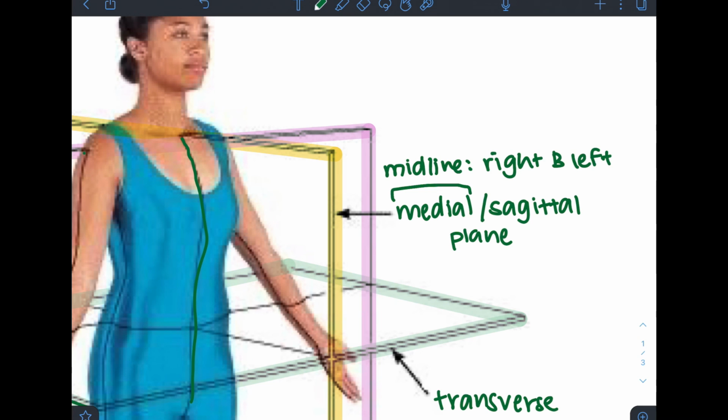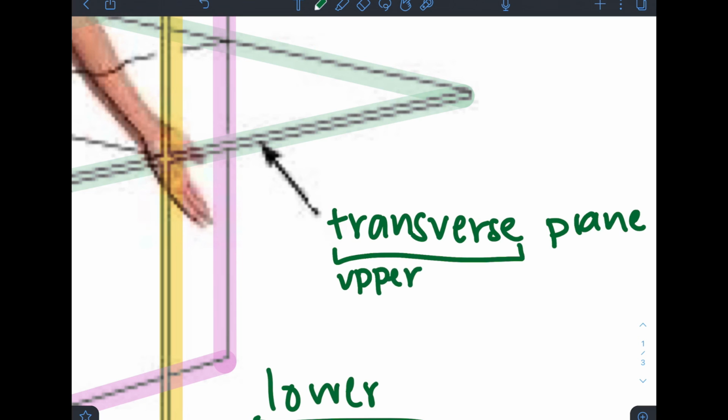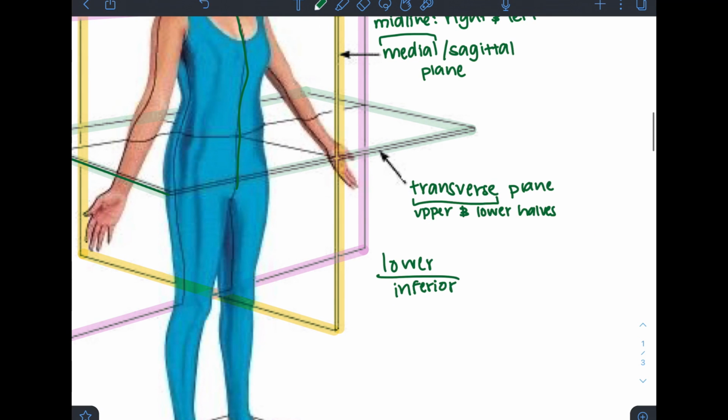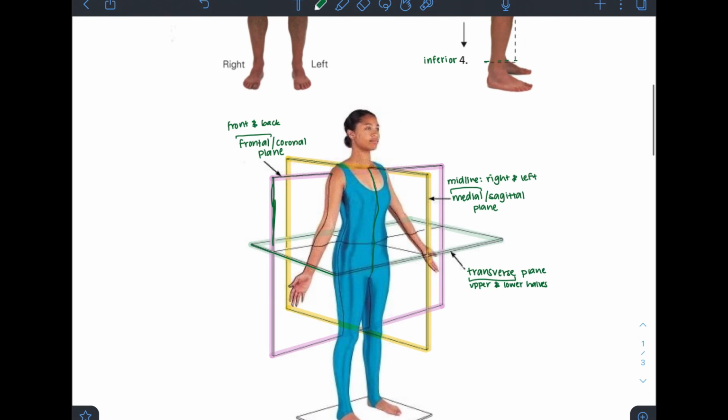And then for transverse, I'm not really sure if there's any technique to memorize what it is, but it is just upper and lower halves. So I'm going to erase this so it's not confusing. But those are our 3 planes.